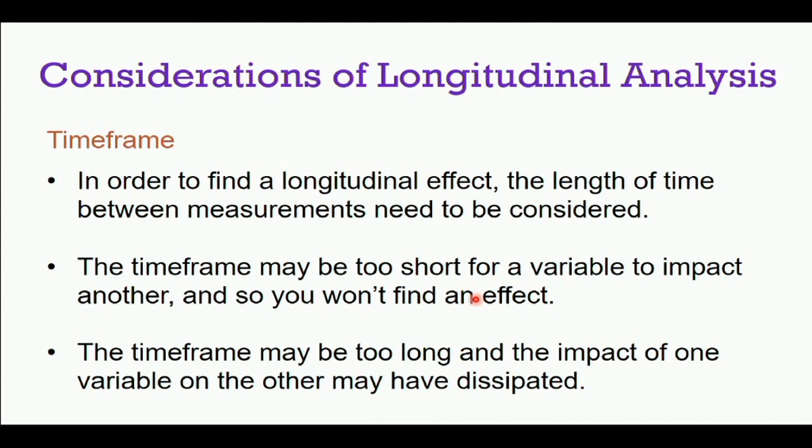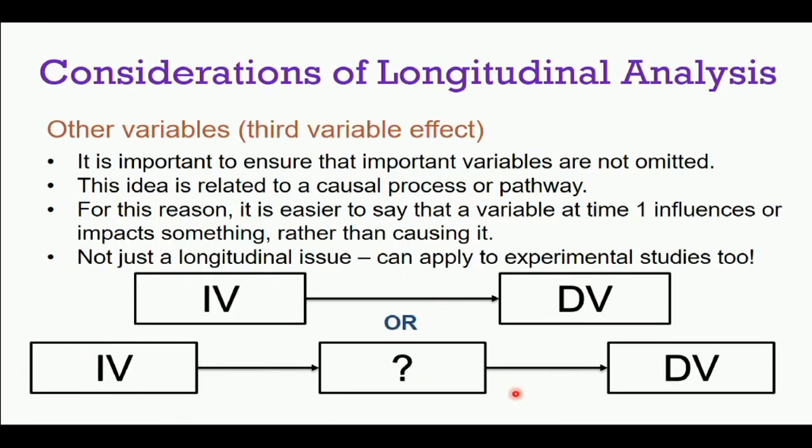So there's a price that you pay for measuring more often, and that's cost. But if you space out the interval too long, you're going to have lower correlations. So when you're planning your design of your experiment or your study or your intervention, you need to consider that. If the time frame is too long, then the impact of one variable on the other may have dissipated.